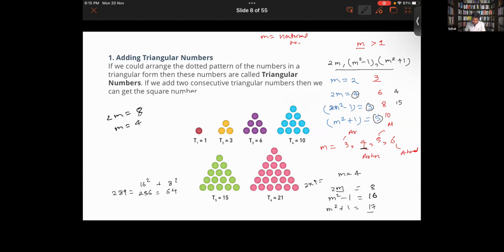No, we have done something wrong here. 17 square we are getting as 289, so it will be 15, not 16. Yes, exactly, it has to be right. So it will be 15 square, 225, plus 64, that is equal to 289.